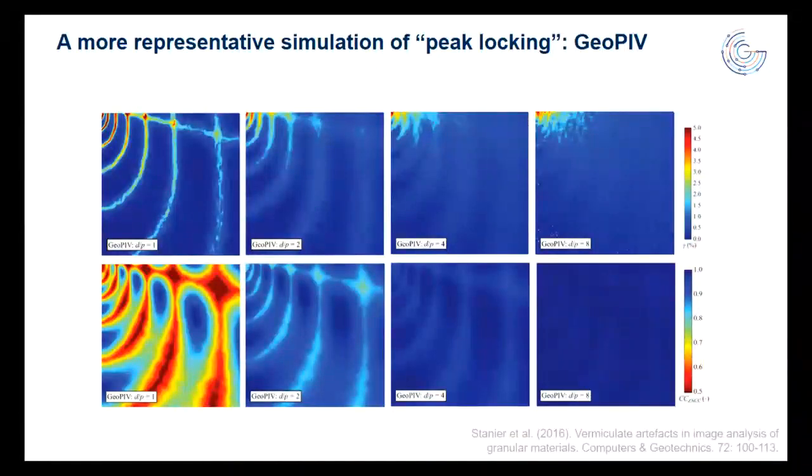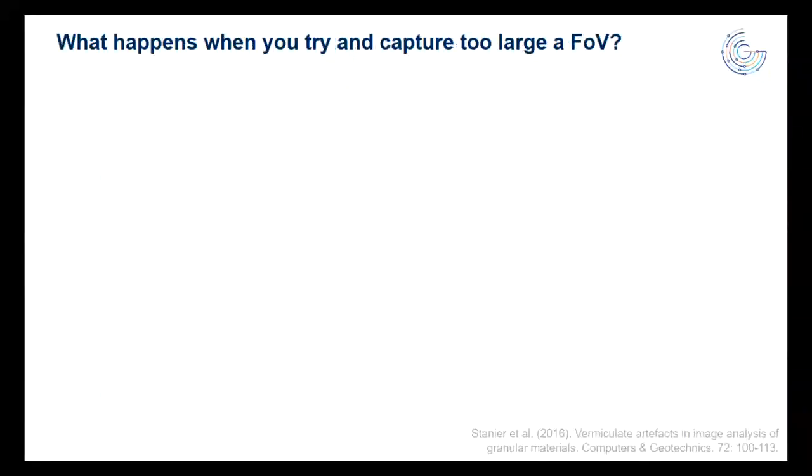Moving from left to right, we've got increasing particle image size. You can see these funny worm-like trails, these concentrations of, in this case, shear strain. And you can see that the concentrations in shear strain are at the exact same locations as we get decorrelation. This is the peak locking problem in action in a more representative example.